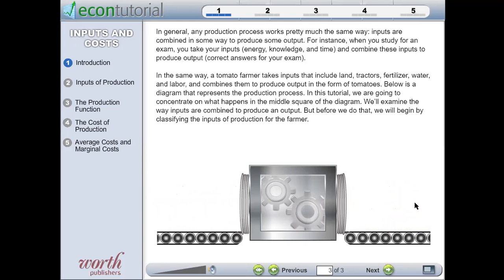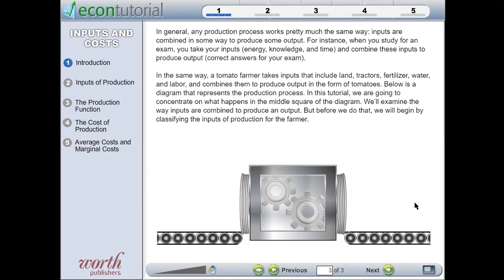Okay, they are sometimes called the factors of production. Like the farmer would need land, tractor, fertilizers, water, and the labor. He could be putting his own labor, or maybe he's hiring people to come and work for him. And then combine all these inputs to produce output in the form of those tomatoes, which would take some time. And again, to harvest it, and the labor would be required to be there.